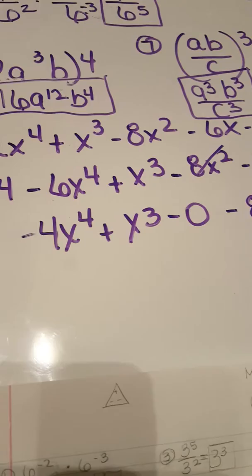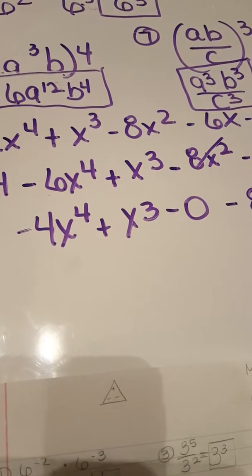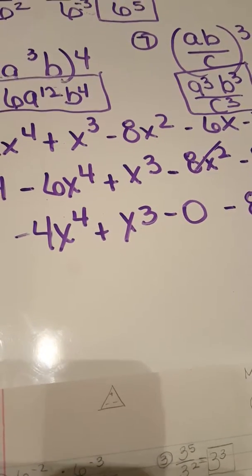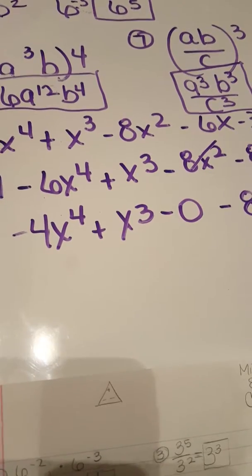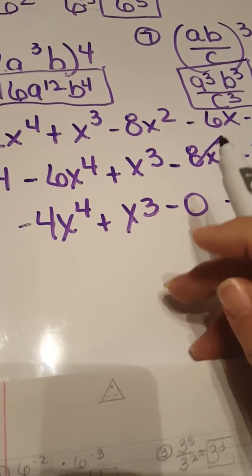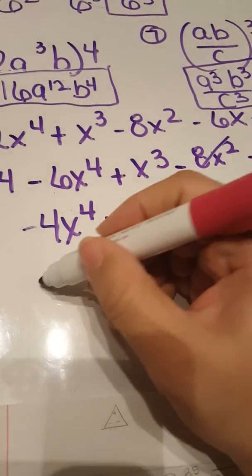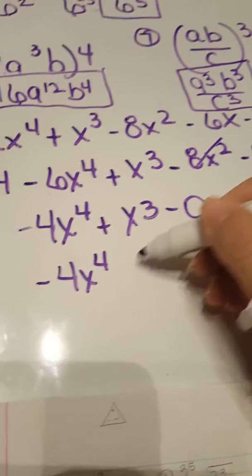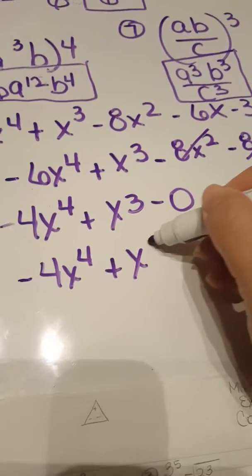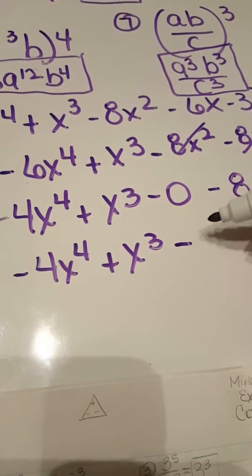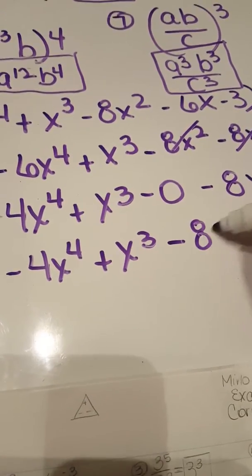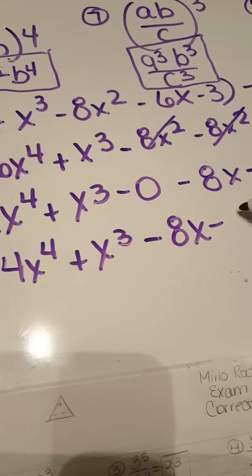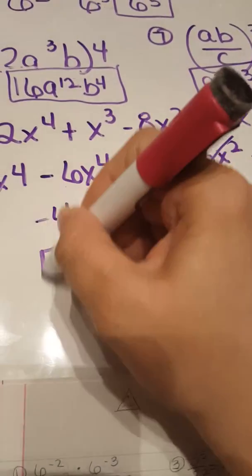Okay, and that should be your answer. You should just be able to go 4x 4 plus x 3 minus 8x minus 3, and that's your final answer.